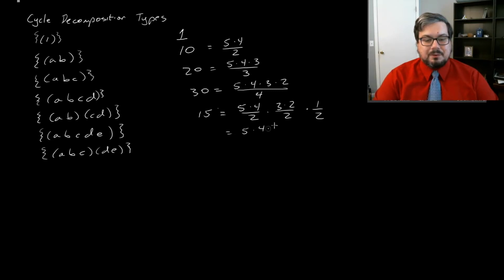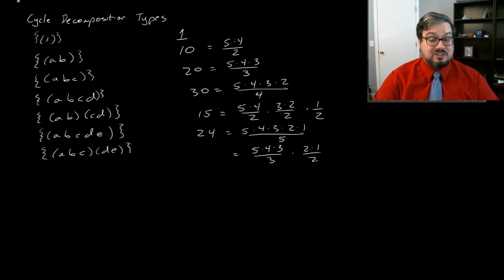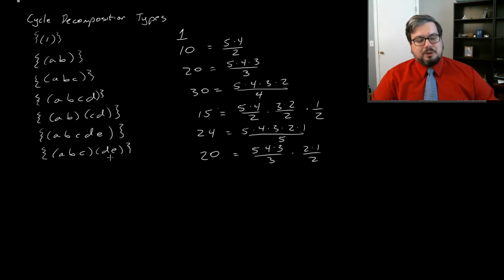There are 5 times 4 times 3 times 2 times 1 divided by 5, which is 24, 5 cycles. And then finally there are 5 times 4 times 3 divided by 3, times 2 times 1 divided by 2, which is 20 permutations of the form of a 3 cycle times a disjoint 2 cycle. And the point is that if H contains even a single member of one of these classes, it has to include all the members of that class.